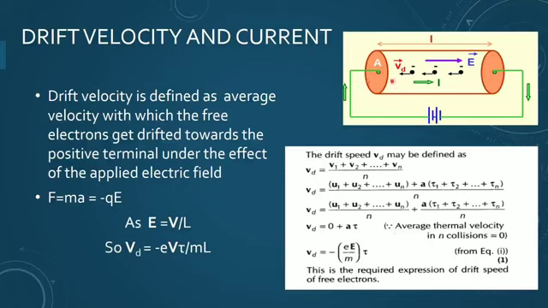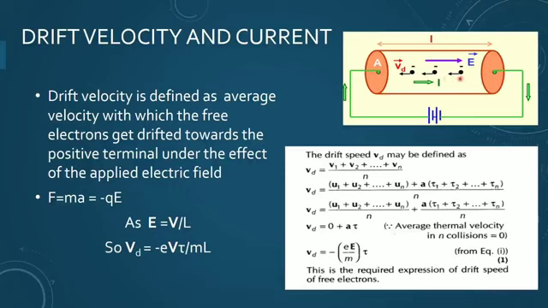Now the electrons start moving towards the positive side, and while moving they collide with each other. The time in between successive collisions is known as relaxation time, denoted by tau.